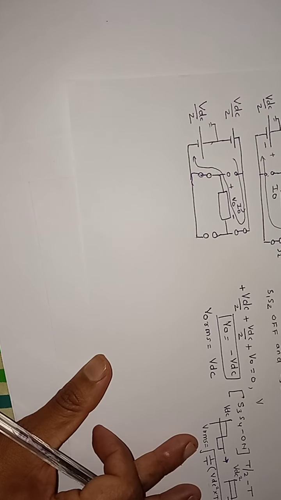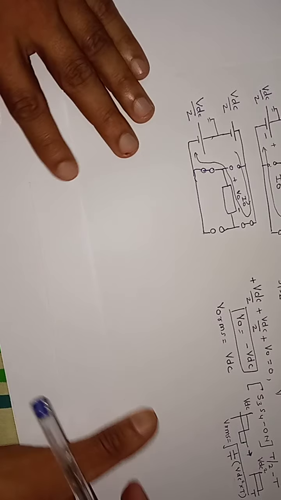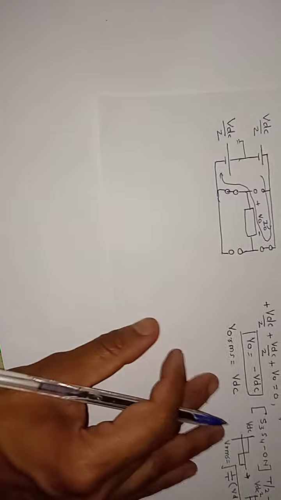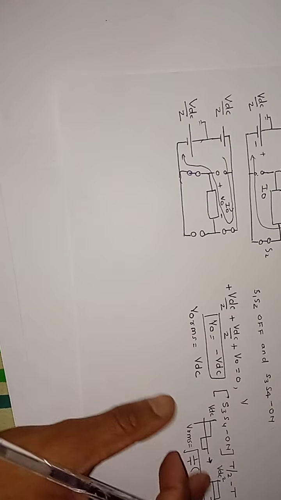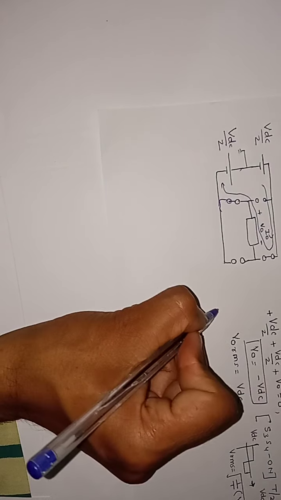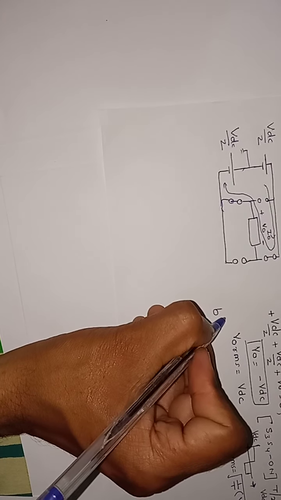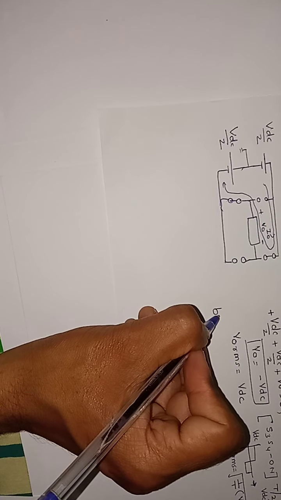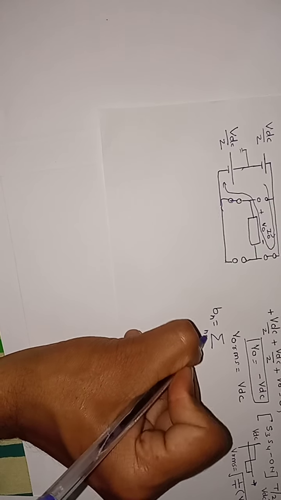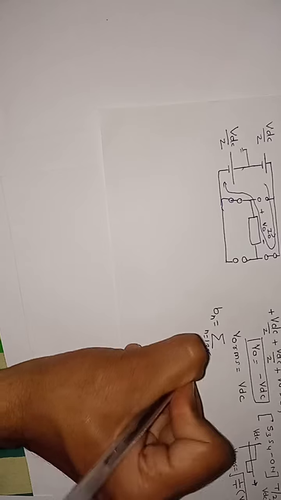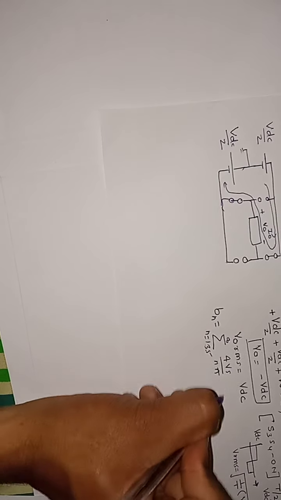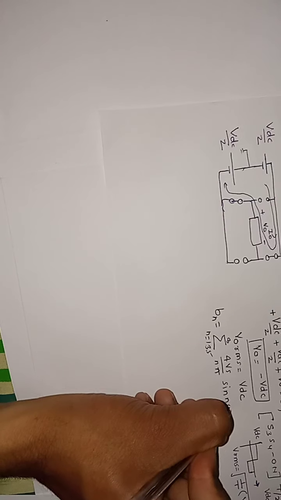Now similarly, it has half wave symmetry, so we can do the Fourier analysis to convert it into sinusoidal functions. All even functions are 0, so Bn is equal to, taking n as 1, 3, 5 to infinity, 4 Vs upon n pi into sine n omega t.